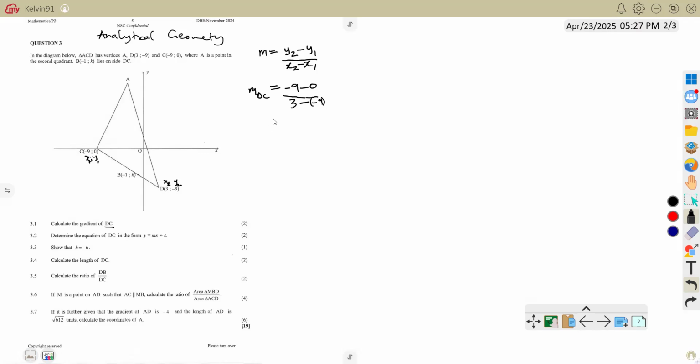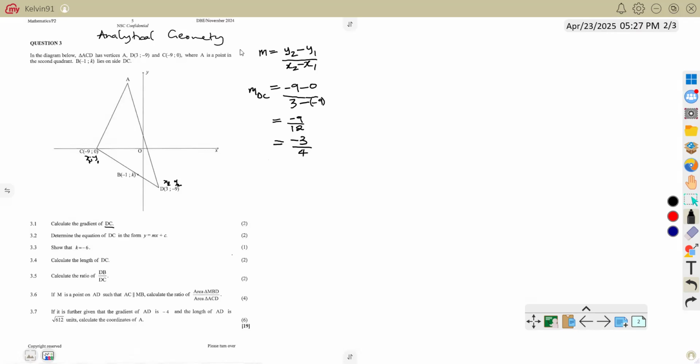Then simplifying that, just trust your calculator. It's -9 divided by 12, which reduces to -3 over 4. But once you have substituted here, you can just trust your calculator so that you go straight to your answer.